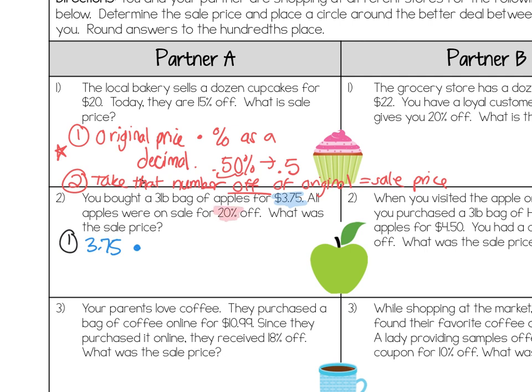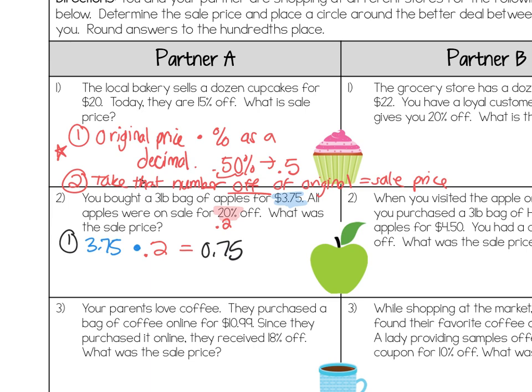So remember, 20% as a decimal would be 0.2. So you're going to multiply that by 0.2, and then you get an answer: 3.75 on the calculator times 0.2 is 0.75 or 75 cents.